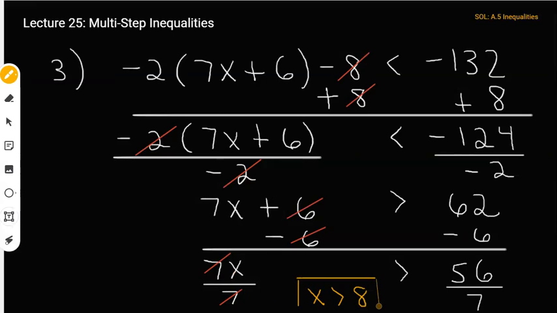X is greater than 8. So my solution set is going to look like this. All the real numbers x such that x is greater than 8. That's my solution set. And then the last thing we're going to do is draw our number line.